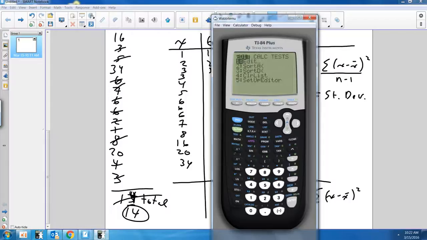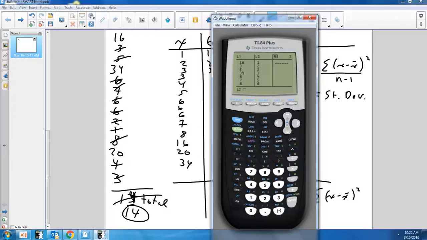So when I go back to the stat, you're going to see that that's going to be all sorted in numerical order. Then what I want in L3 is to take my L2 and subtract off the mean.